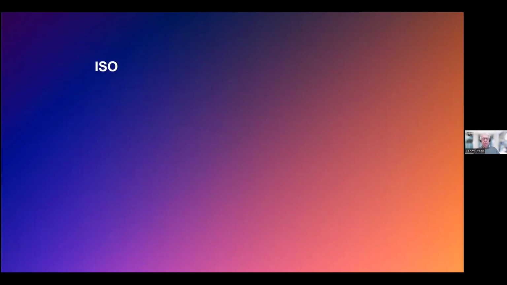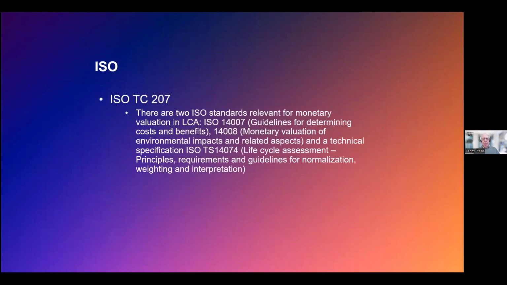Within ISO, we have the Environmental Management Committee, ISO TC 207. There are two ISO standards relevant for monetary evaluation in LCA: ISO 14007, which is guidelines for determining costs and benefits, and 14008, monetary evaluation of environmental impacts and related aspects.